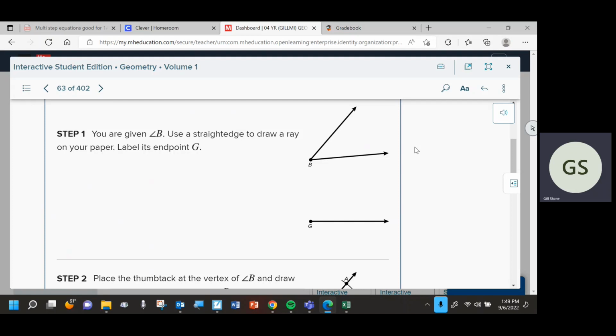So if you don't remember what a compass was, it's that thing that has a really sharp point on one end, and it opens and it closes. I don't have this one out of the package, but it's like this thing right here. So you put a pencil in it on one end, and then the other end has a super sharp point, and you can draw a circle with it, or you can create angles with it.